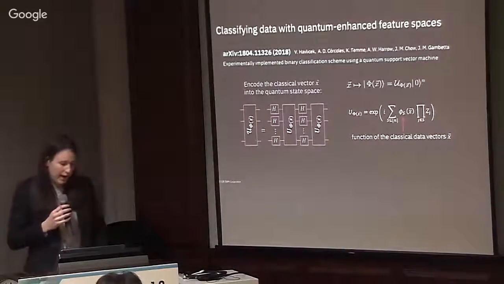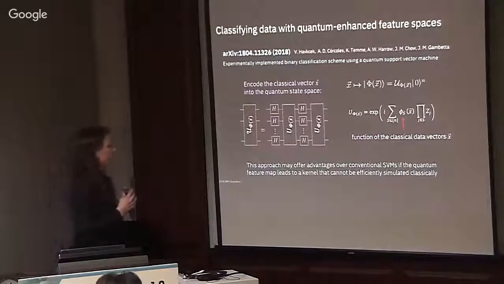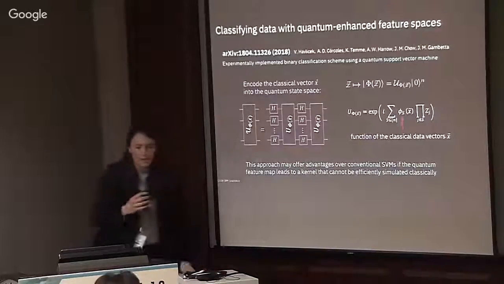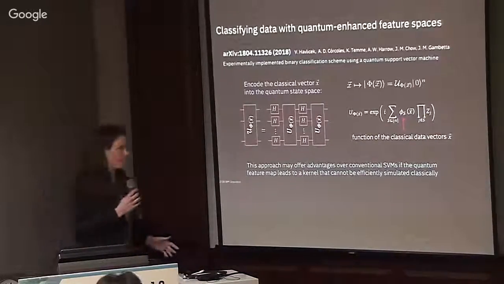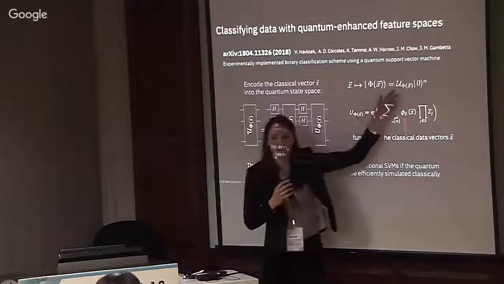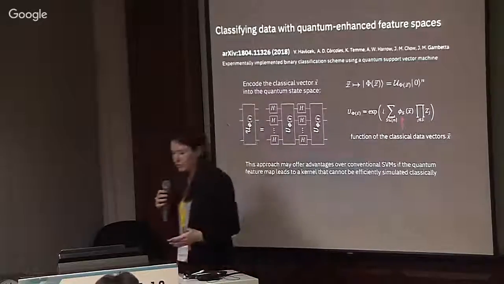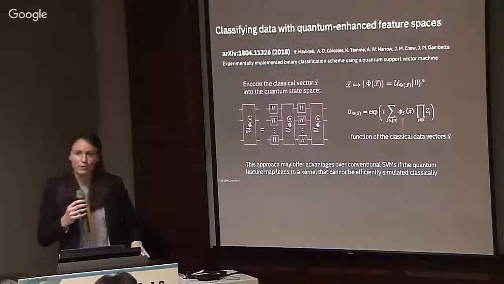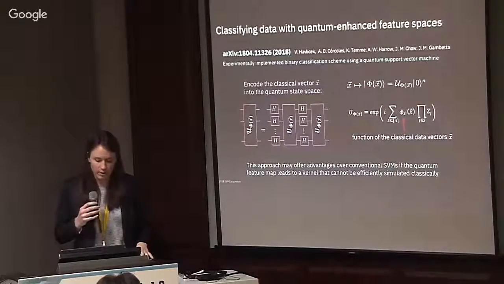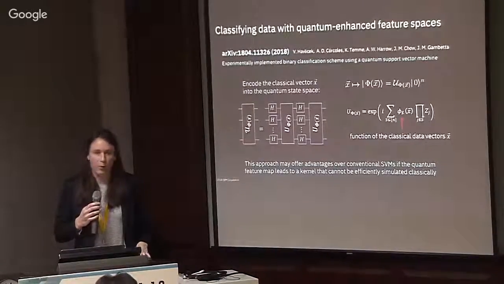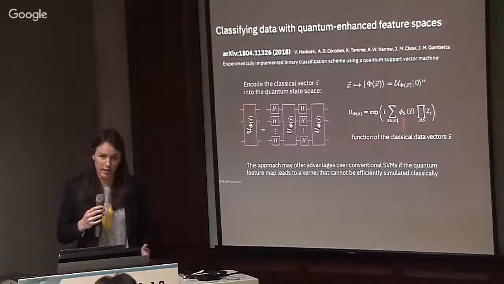It turns out that if you want to do this with a quantum computer, you probably would want to pick a feature map here that is not too trivial, because if it's trivial, say it's a separable feature map, which means there's no entanglement, you just have a bunch of single qubit rotations, then you probably wouldn't want to do this on a quantum computer because that's easy to simulate classically.